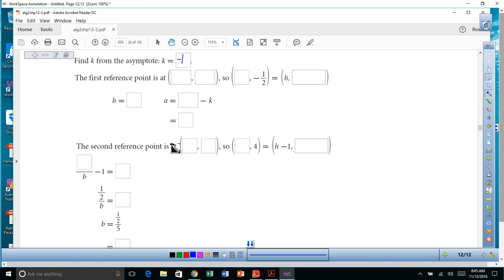The first reference point was 2 and -1/2. So 2, -1/2 equals h, and then a plus k. All right. So h is 2, and then let's see, a plus k equals -1/2, right?